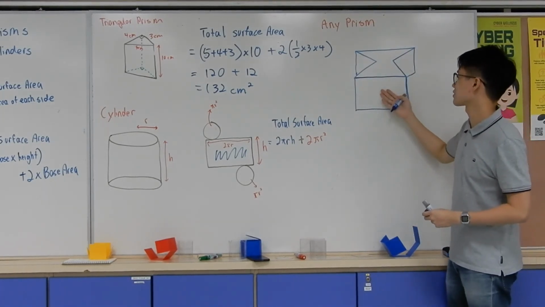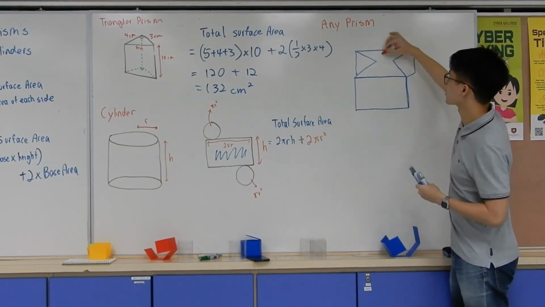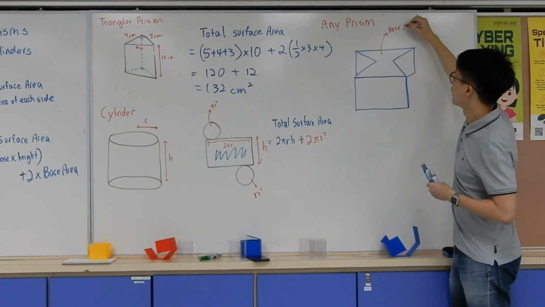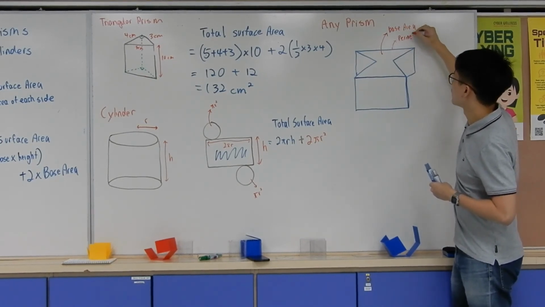I can find the total surface area if I already know the area of the base area, and I also know the perimeter of the base.